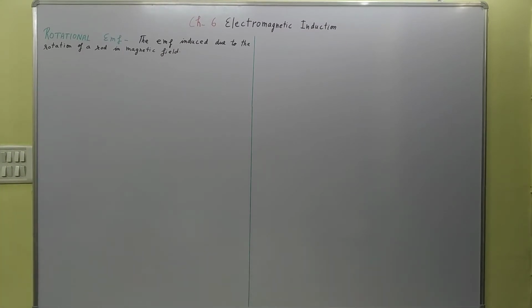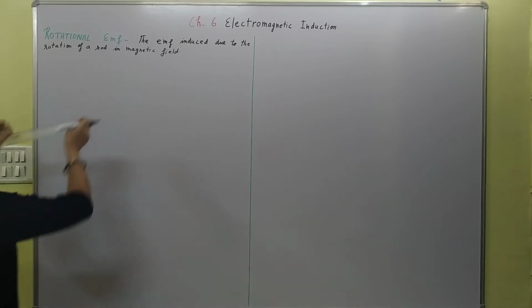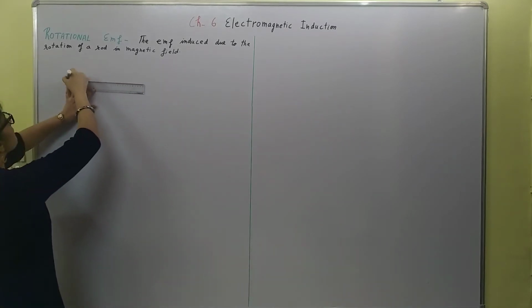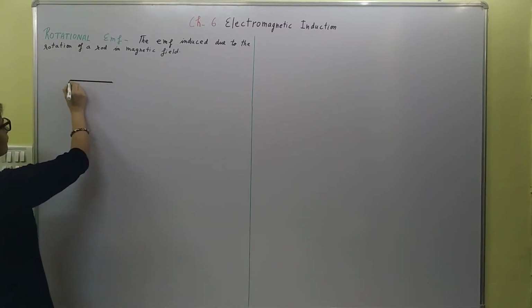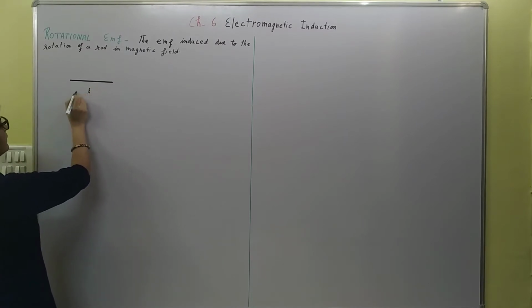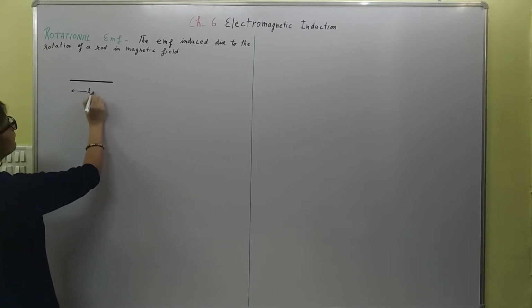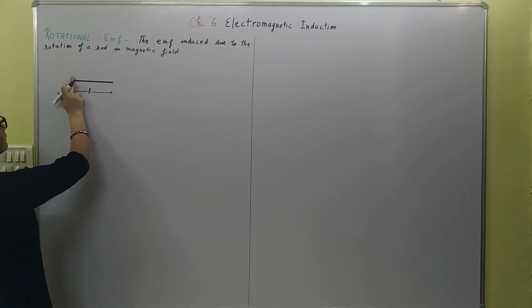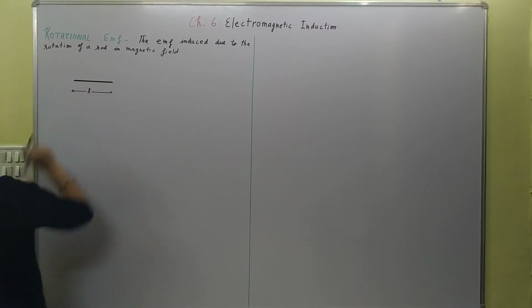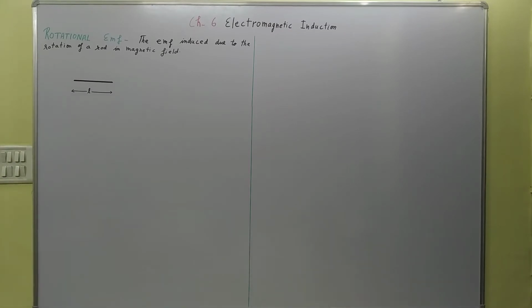So first I'll draw this rod which is having total length L, and this rod is rotating in the magnetic field.